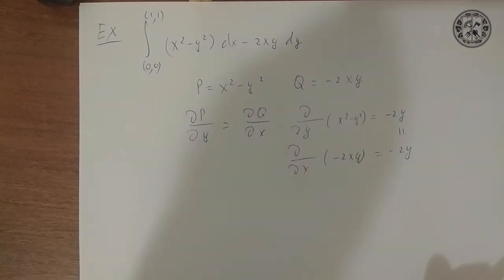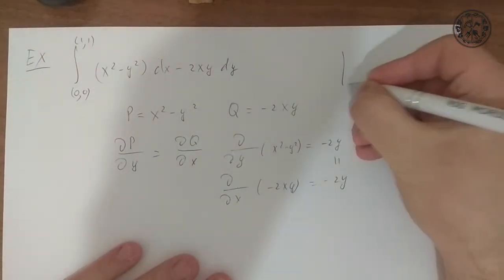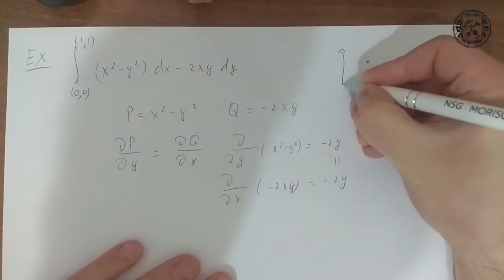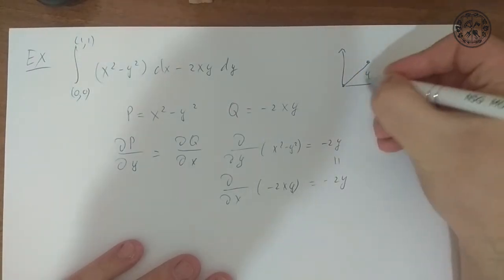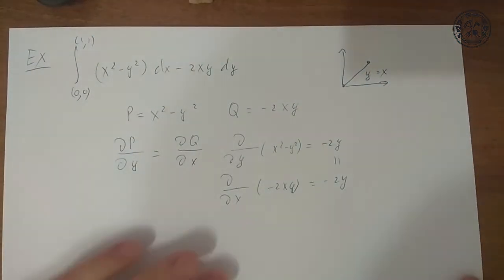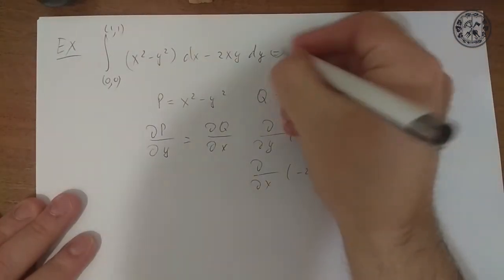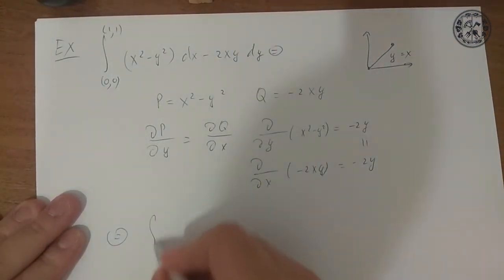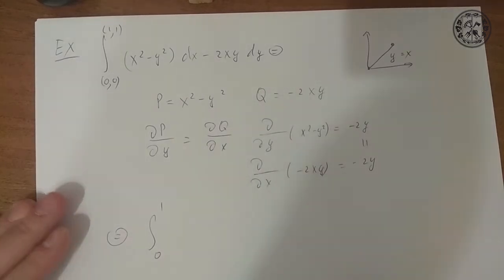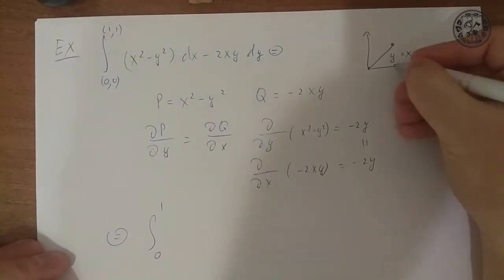and so we can calculate this integral using the simplest line we can find to connect 0, 0 and 1, 1, the line y equals x. So this integral will be transformed to an integral from 0 to 1. X tends from 0 to 1.